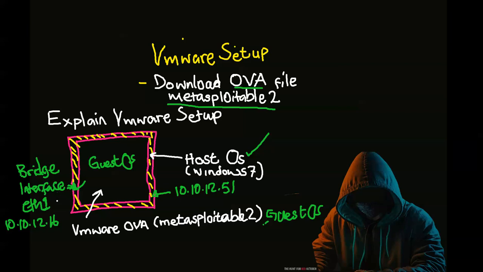Because it's a bridge network, what could happen is we could ping, let's use ping, 10.10.12.51. So the guest operating system will be able to talk to the actual Windows host and vice versa. The Windows host can also talk to the guest operating system on that IP address.